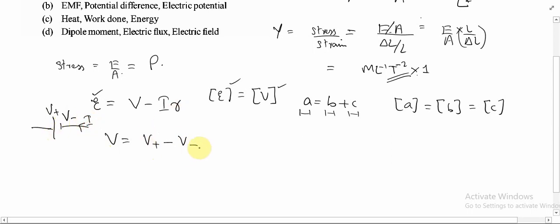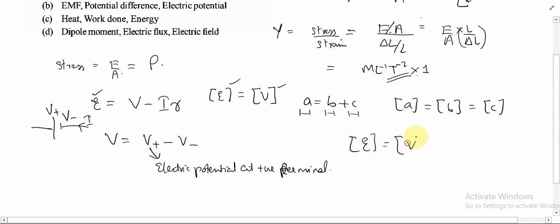Now V plus is the electric potential at positive terminal. Similarly, V minus is the electric potential at negative terminal. So from this we can say that the dimension of EMF is same as the dimension of potential difference is same as the dimension of potential at the positive terminal.